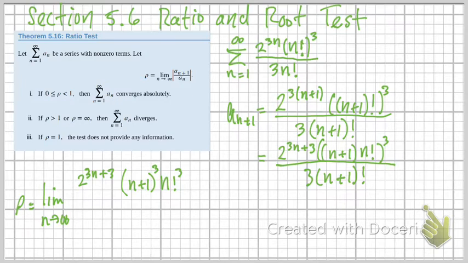This will kind of save us a step. And that's all going to be over 3 to the n plus 1 factorial.